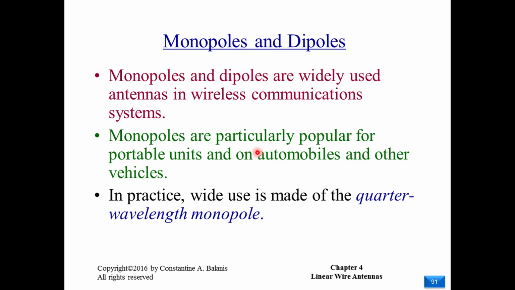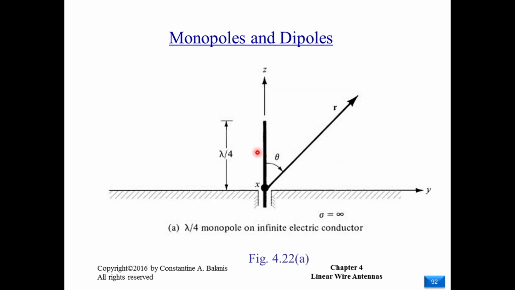So monopoles and dipoles are used widely in wireless communication. For example, for the walkie-talkie we have a monopole, and on old cars we have a monopole. In many cases, we have a monopole attached on top of a metallic plane, and this is a very common practice.